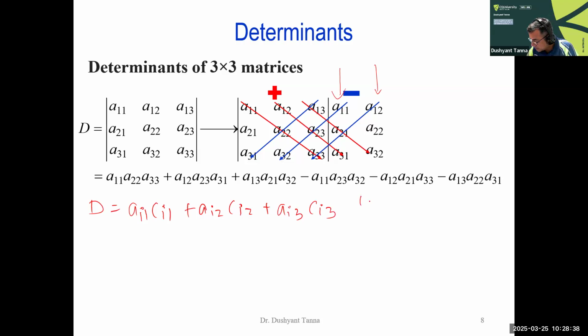If I let i equal to 1, then D is equal to A11 C11 plus A12 C12 plus A13 C13.